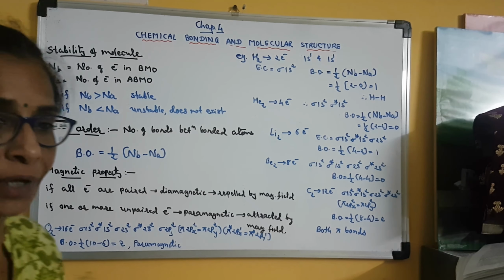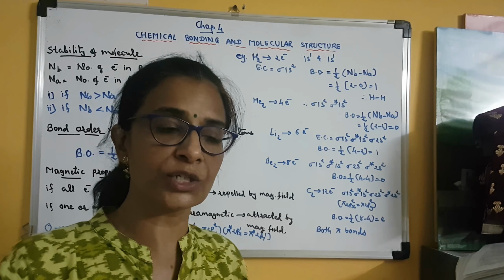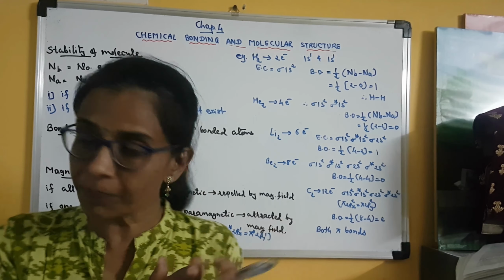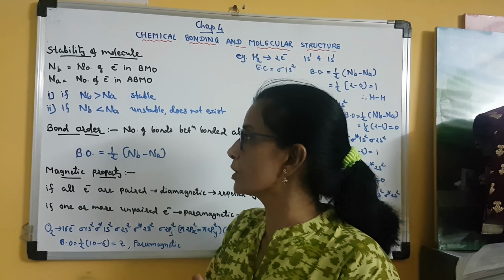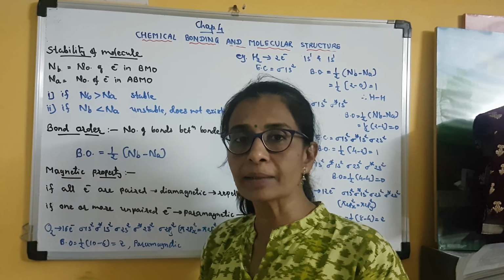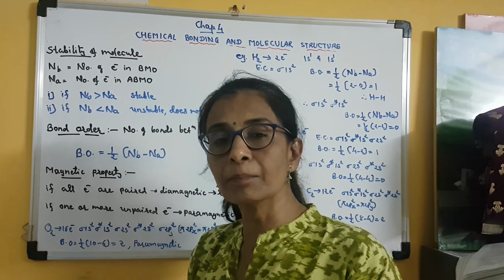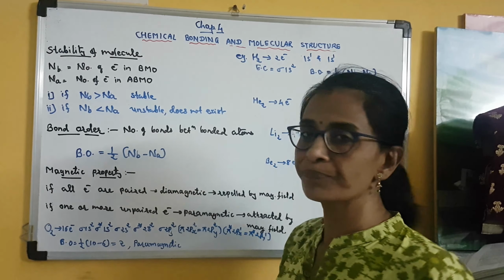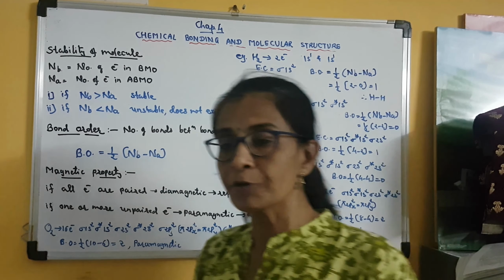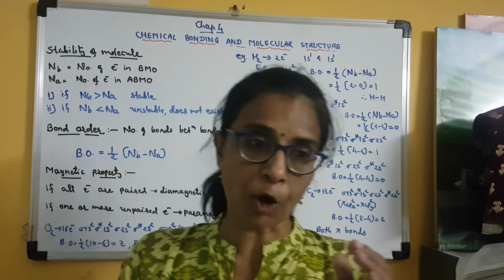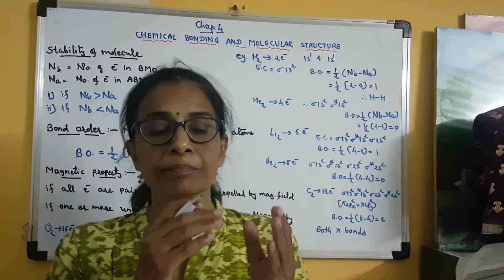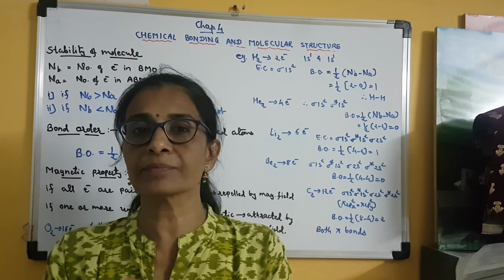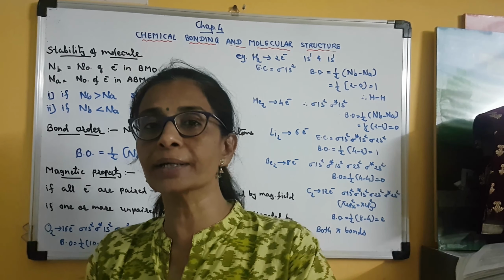In the chapter of chemical bonding and molecular structure, I think we have previously talked about bond order, and bond order means the number of bonds present between two bonded atoms. Clear? For example, if we take an oxygen molecule, then between the oxygen atoms there is a double bond, so it is a covalent double bond.